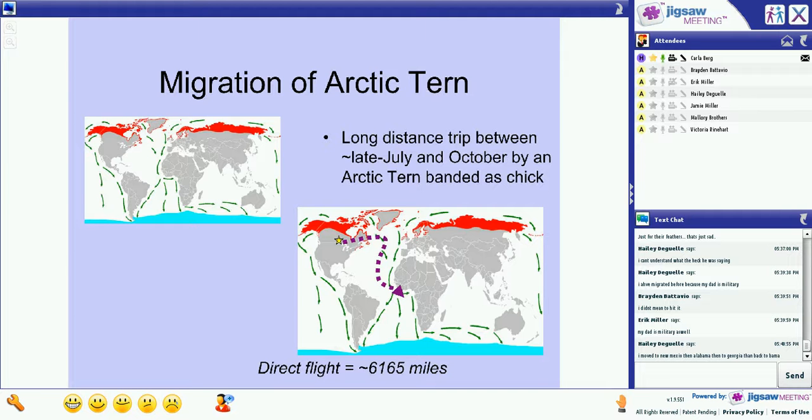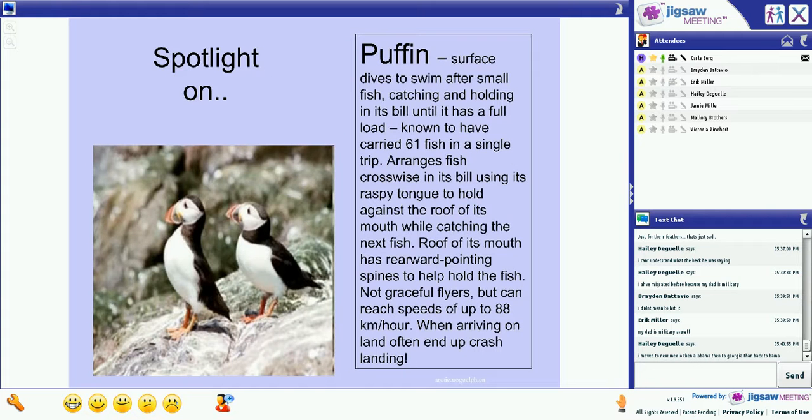The distance of their flight is 6,165 miles, which is super, super long. They follow a couple of different migration routes or patterns, which are depicted by these green arrows. And they do this every year. They move back and forth.